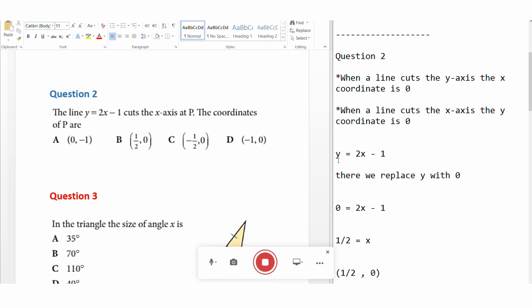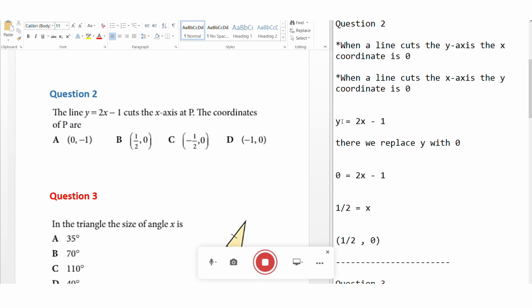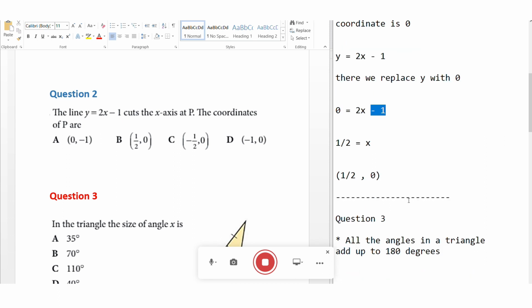So what I did is I replaced the y-coordinate with 0, and all I'm going to do now is solve for x. Now, to solve for x, we just simply throw across the minus 1, we will get positive 1, and the 2 is a secret multiply, so when you throw across a multiply, you will get a divide. So if you solve for x, you will get a half.